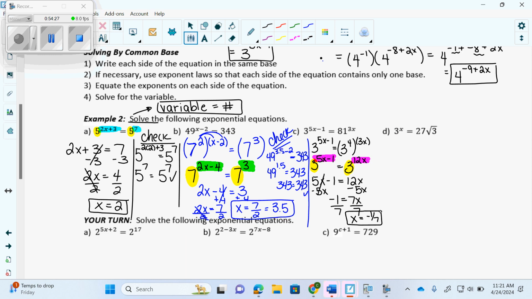And then I have to check it. So I go 3 to the 5 times negative 1/7 minus 1 equals 81 times 3 to the negative 1/7.